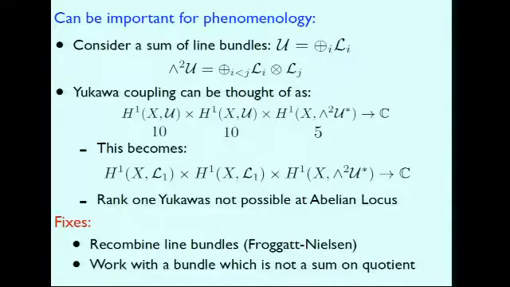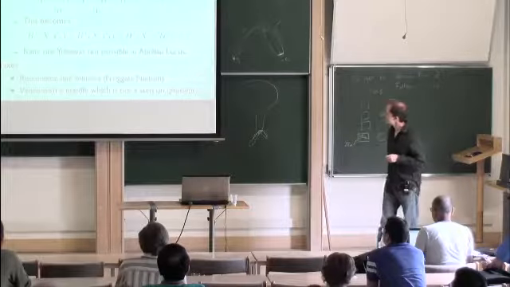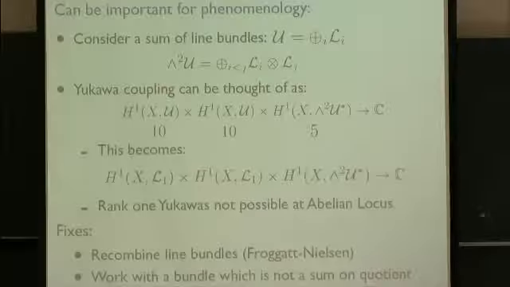I'm going to skip that and just mention very quickly that this kind of distinction, these kinds of relations can be important for phenomenology. So Andre is going to tell you about how you can grow things back with singlet vevs. But what I wanted to mention is if you have one of these line bundle standard models, which is completely split, is this abelian locus where downstairs the model is just the sum of abelian gauge fields, then you can show that it's not possible to have rank 1 Yukawa couplings at high energy, which may be something you want.